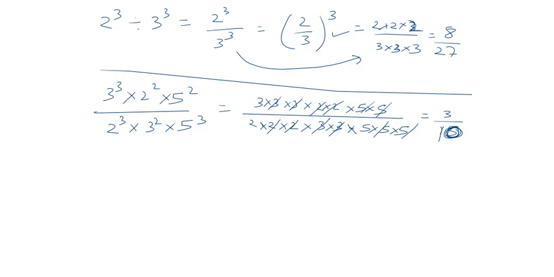But assume that you cannot do that. Although you can easily do this, if the powers are large numbers, like 3 to the power 13, 2 to the power 12, 15 to the power 12, what will you do? Then the simple choice is just whatever powers are the same, that you consider.